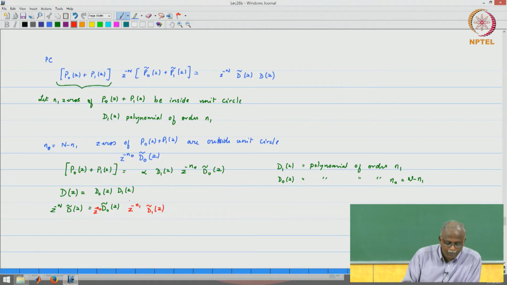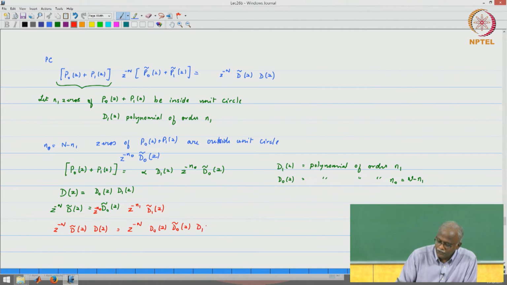If I multiply the two together, z power minus n d tilde of z times d of z, then what I will get is z power minus n naught and z power minus n1 adding up to z power minus n, d naught of z, d naught tilde of z, d1 of z, d1 tilde of z. I have just done the factorizations.